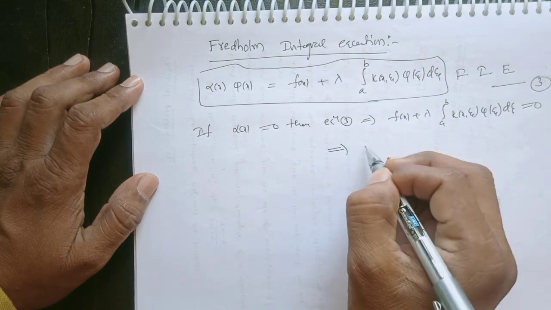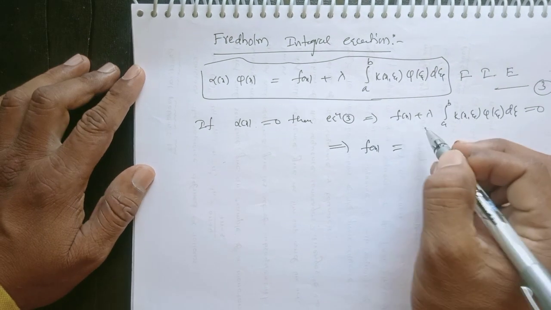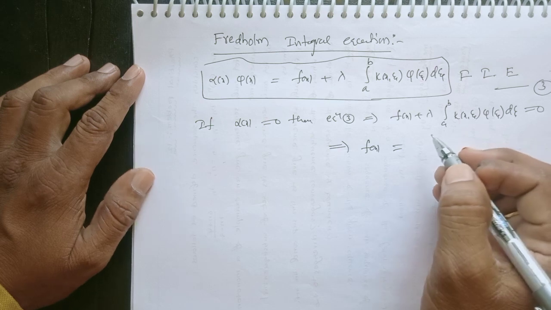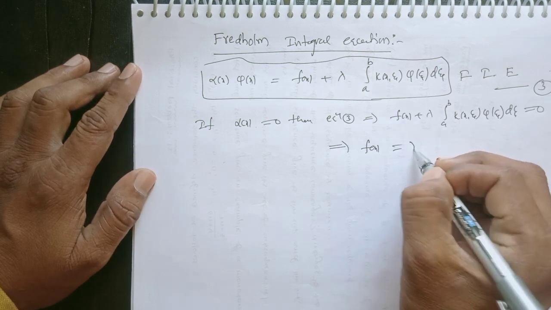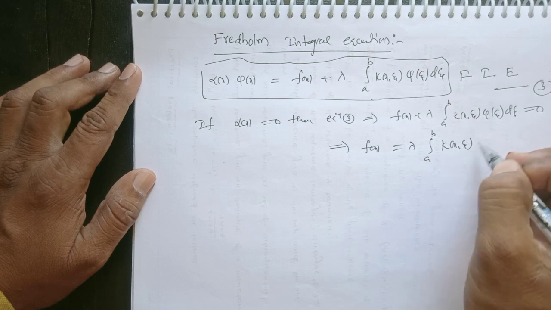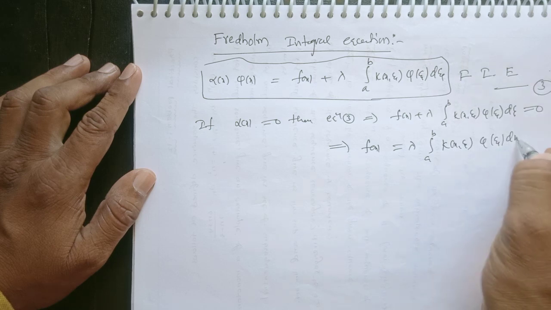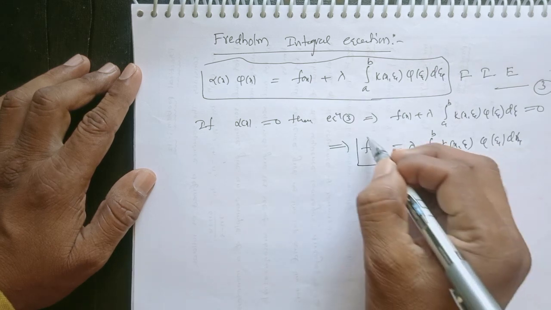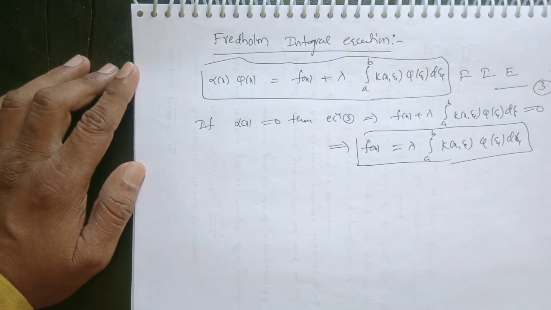That means it is also written as f of x is equal to minus lambda times the integral a to b of k of x, xi, phi of xi d xi, where lambda is a constant. So this is called a Fredholm integral equation of first kind.